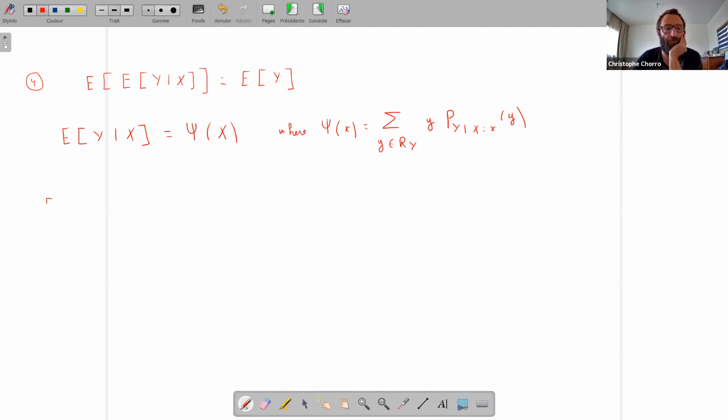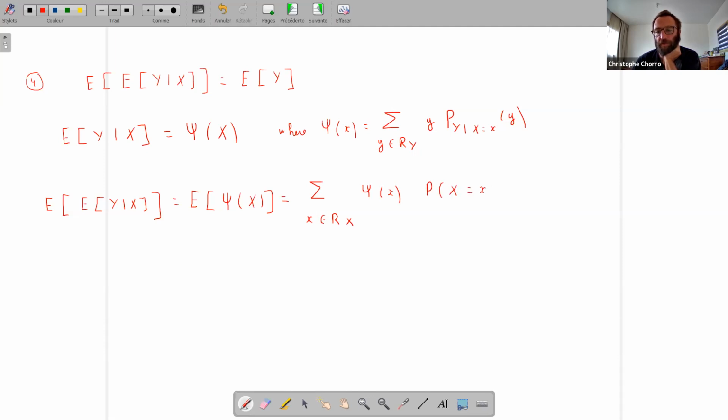So if I want to compute the expectation of the conditional expectation, it is just the expectation of psi of x. And I know from the course how to compute the expectation of a function of x. In the discrete case, it is a sum over the possible values of x of psi of x times the probability that x is equal to small x.